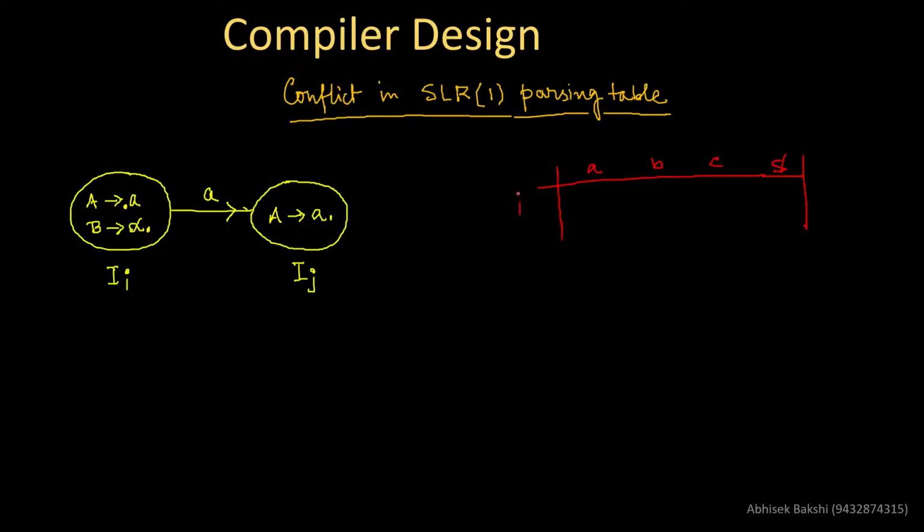This is my ith row, and because of this small a, I have this transition. That means for this small a, I will write S transition to j, that is, Sj.